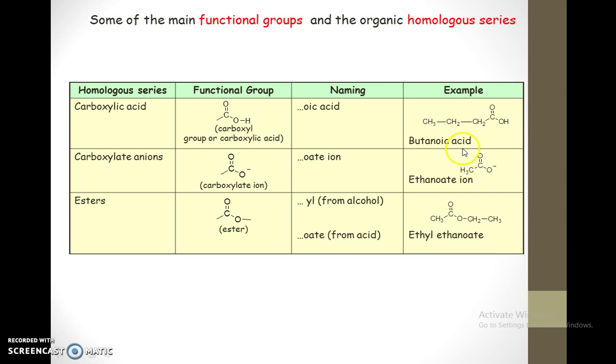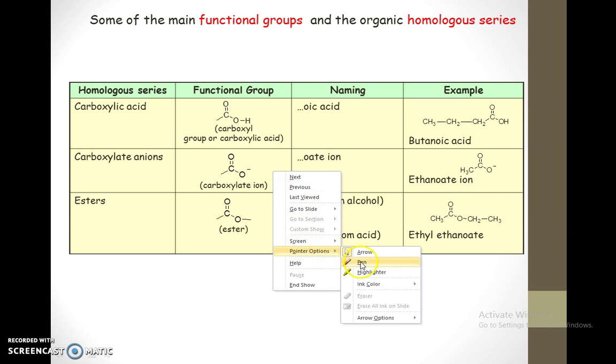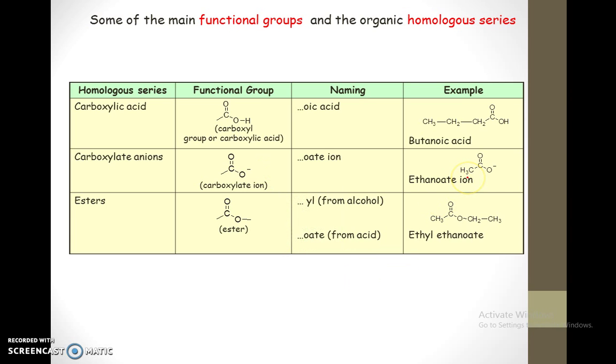So just put oic acid, butanoic acid. Another example, carboxylate ion. For example, ethanoate ion. It's 1 2, so there are 2 carbons, so that's why we put the oate.